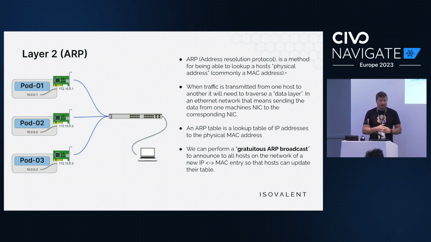So ARP typically is a table that all devices on the network have, which basically says, here is a physical address, so the hardware address of the device, and here is the IP address of it. What that typically means is that when I need to send traffic from one IP address to another, I need to know the hardware of where it's going, because I need to send a frame to where that's actually going.